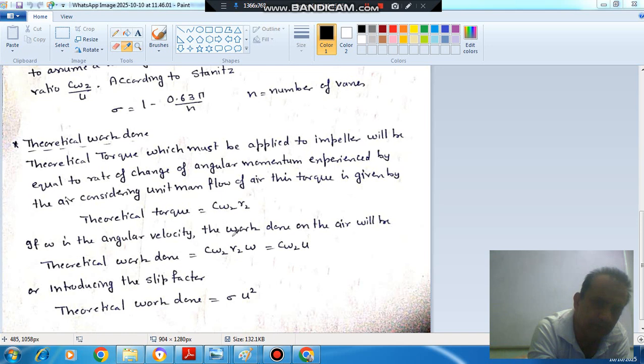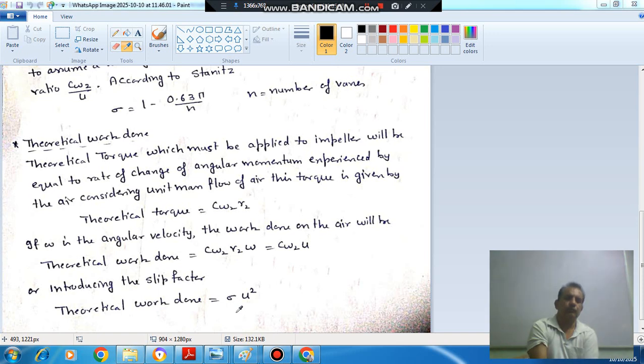Now if it is multiplied by omega, then it will be work done. Or we can say Cw2 into U is the work done, because R2 into omega is your U. Now the ratio of Cw2 by U is your sigma. So in terms of the slip factor, the theoretical work done will be your sigma U square. So this is the theoretical work done.